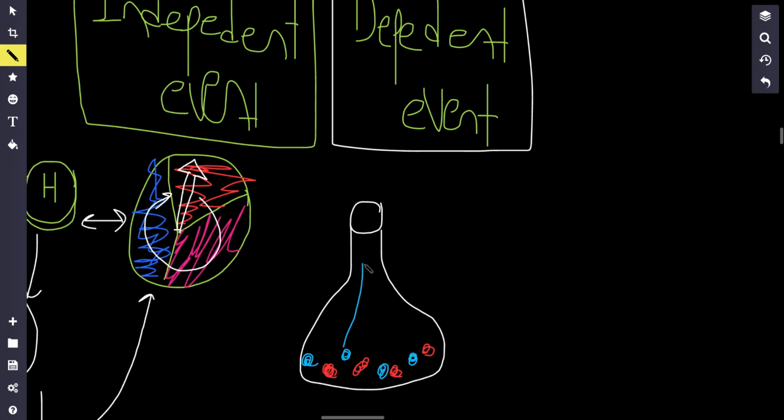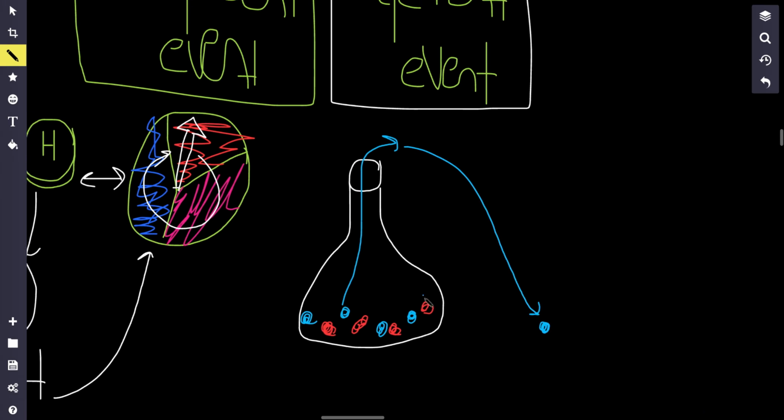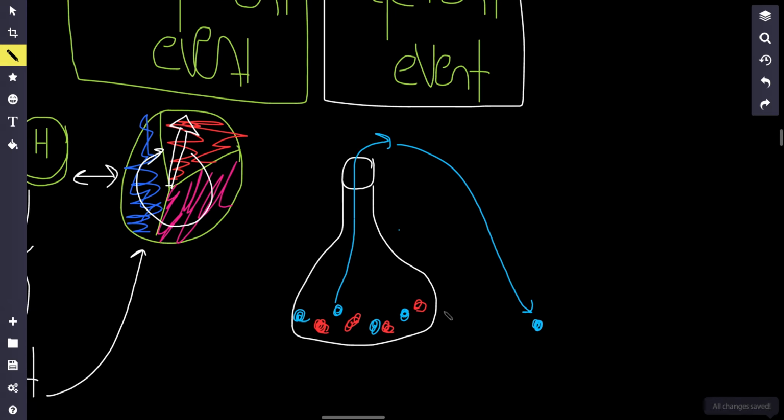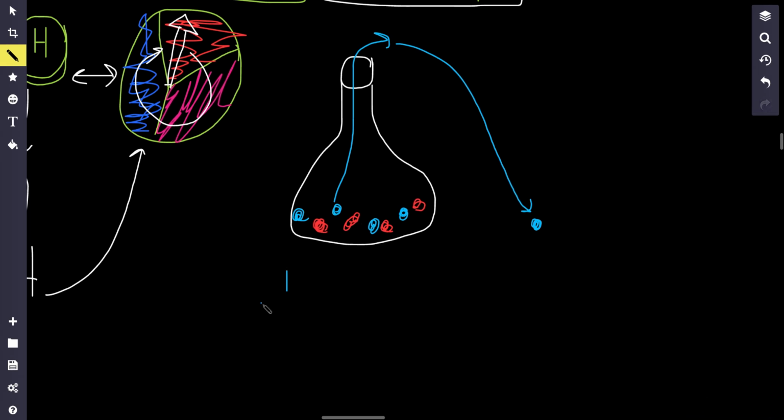Now if I pick a blue marble out of this container and leave it aside, that's going to affect the probability of me getting a red marble the next turn. What do I mean by that? Think about it. At first, the chance of me picking a red marble out of this container is going to be 1/2, because there's 4 red marbles and 4 blue marbles.